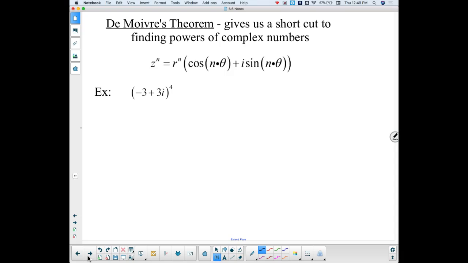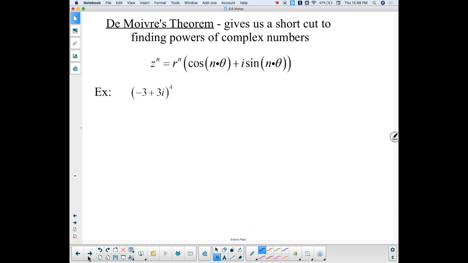So if I have negative 3 plus 3i to the 4th power, I could go negative 3 plus 3i times negative 3 plus 3i times negative 3 plus 3i times negative 3 plus 3i and get a lot of i squareds and a lot of confusions and binomials.